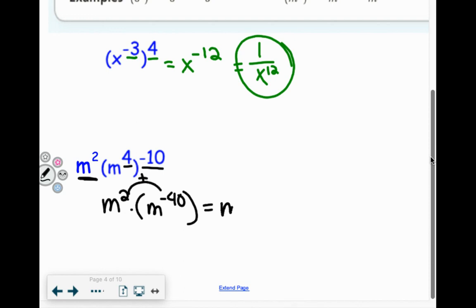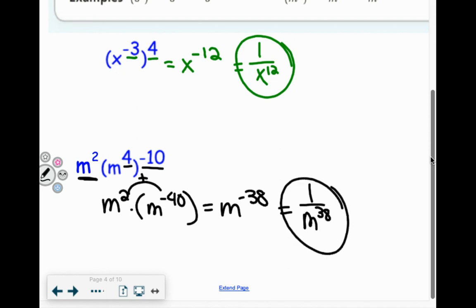This really gives us m to the negative 38th. Well, if we have a negative, just like the problem up above, we have to bring it down to our denominator, and now it is positive. So we have 1 over m to the 38th.